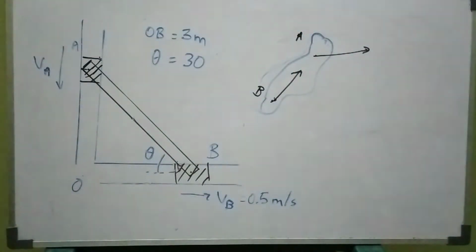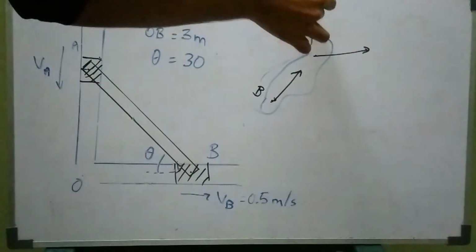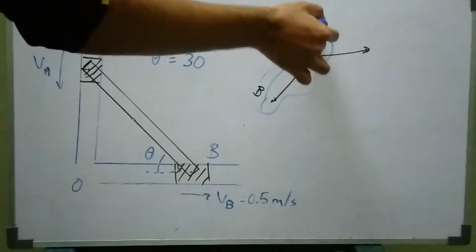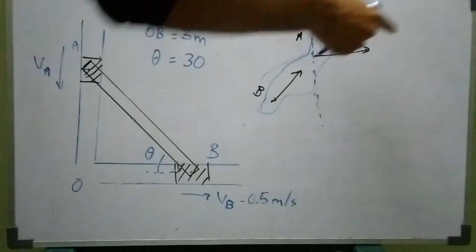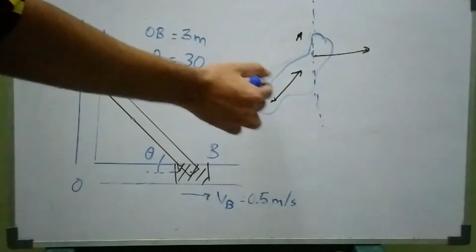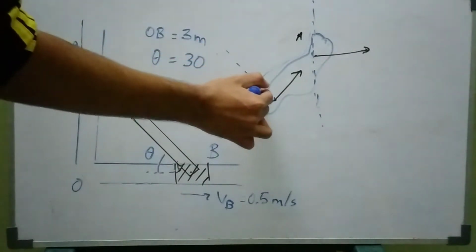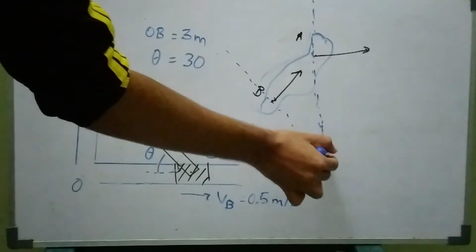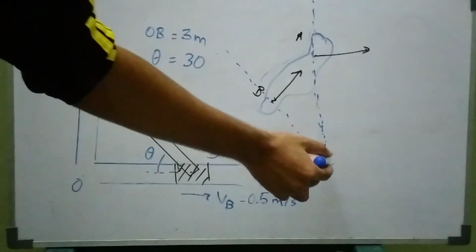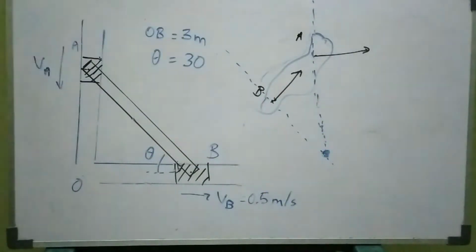From that, we can easily find the instantaneous center of this rotation. To find it, we first draw the perpendicular line to the velocity direction at A. Here, this will be the normal line for this direction. We also need to draw it for the velocity direction at B. If we draw like this, we can directly tell they are going to meet at this point. So this is known as the instantaneous center.